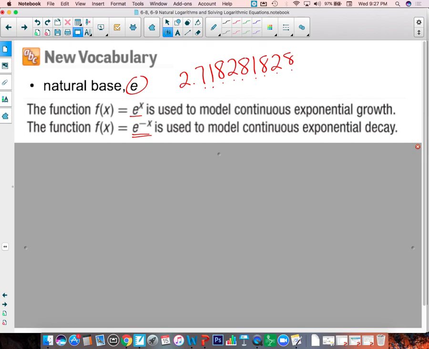So now, rather than thinking of, all right, that's a growth function, or, okay, this is a decay function, you're looking in the exponent. Okay? Positive exponents there, that's going to tell me that it's a growth function. Negative exponent right there, that negative x, tells me that it's a decay function. All right? So just know that e to the x is the growth and e to the negative x is decay.